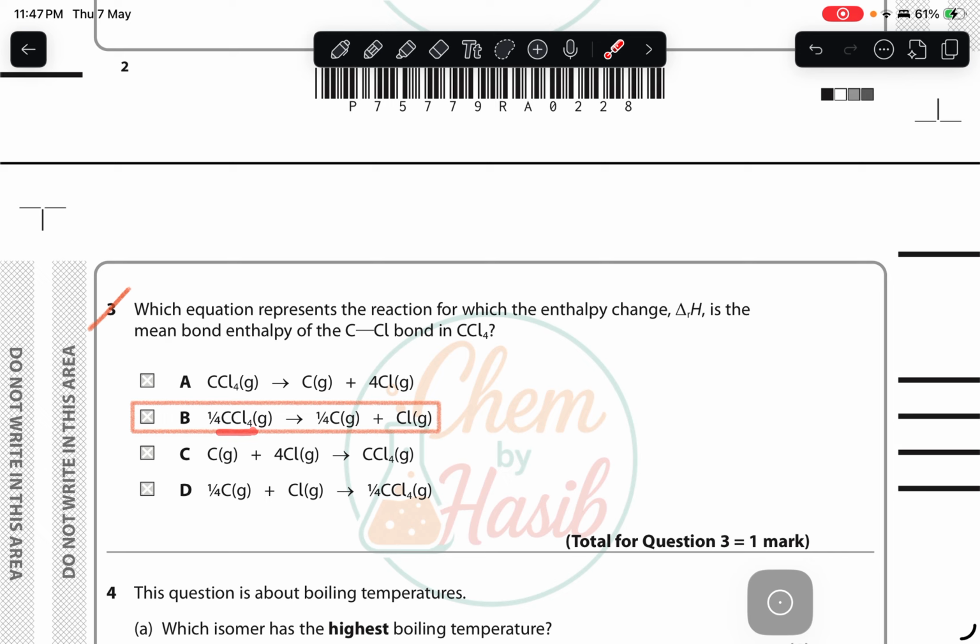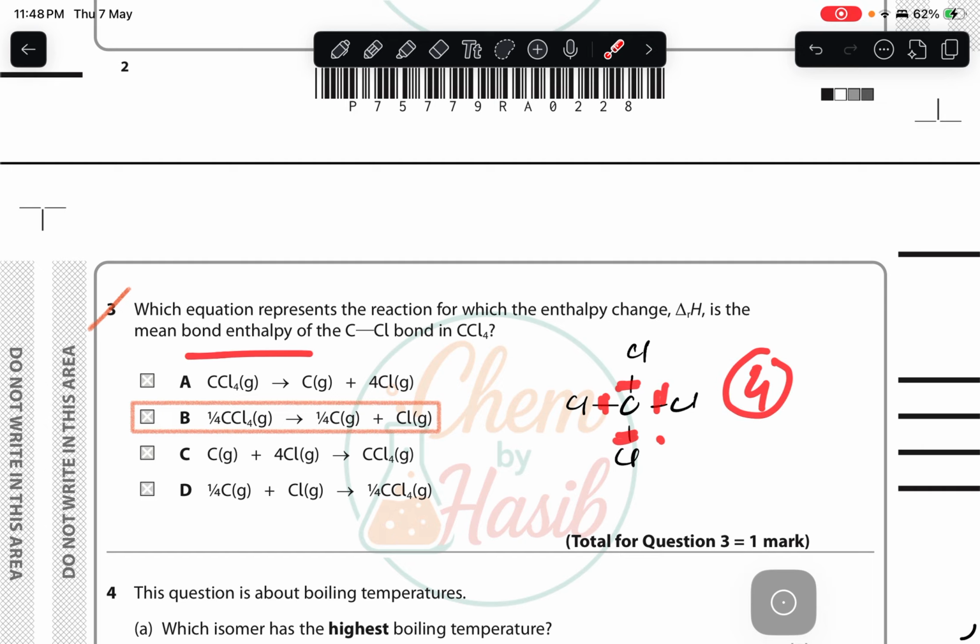It means if you multiply this equation by 1 by 4, you get the average value for the carbon-chlorine bond, because CCl4 has 4 carbon-chlorine bonds. The total energy required to break 4 moles of bonds, if you divide it by 4, you get the average bond enthalpy, the mean bond enthalpy.